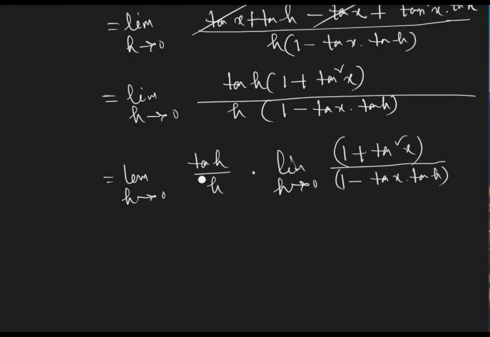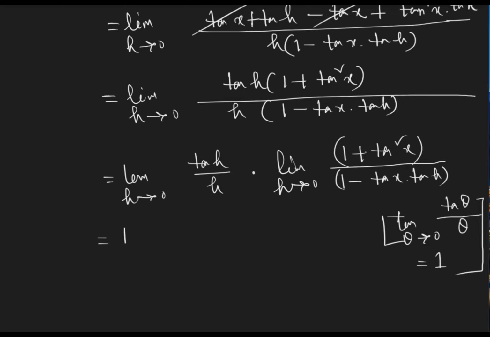So as we know that limit theta tends to 0 of tan theta over theta is equal to 1. This is the basic rule of first principle of differentiation.